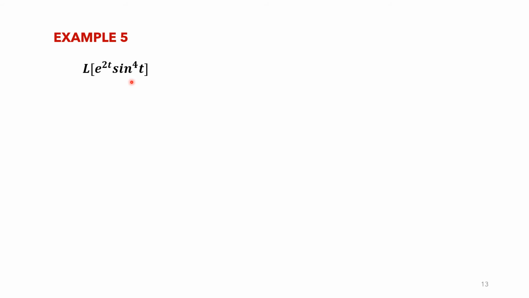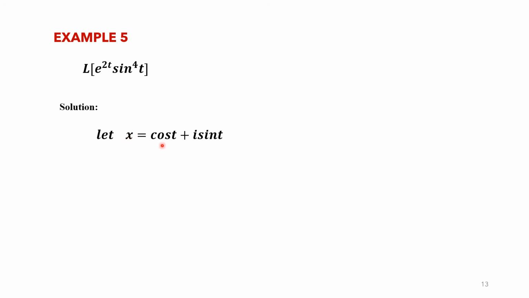This method we have used in semester 1 in expanding sine raised to n theta, cos raised to n theta, etc. The method goes like this. So now we are first calculating sine raised to 4t. You can convert sine raised to 4t as (e raised to it minus e raised to minus it upon 2i) whole raised to 4. Use the binomial expansion and simplify. That is one method. The second method is like this.